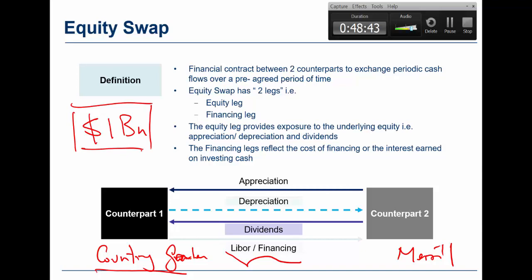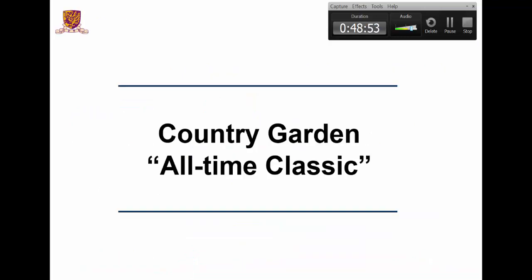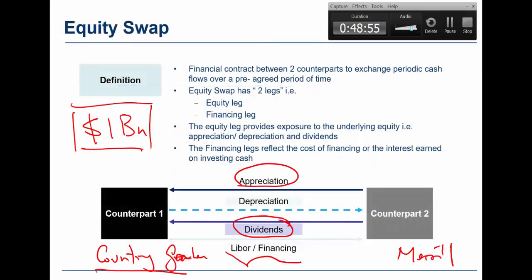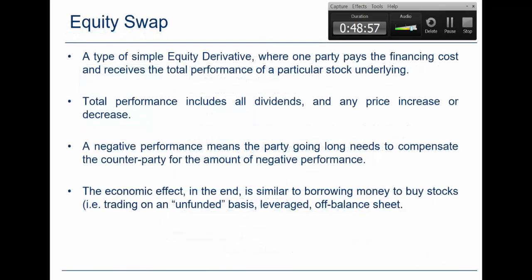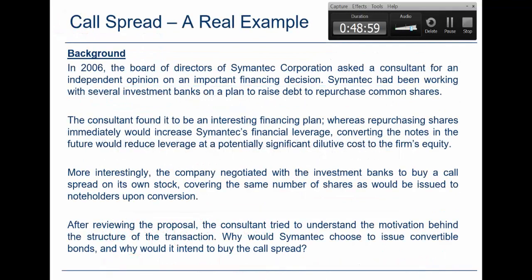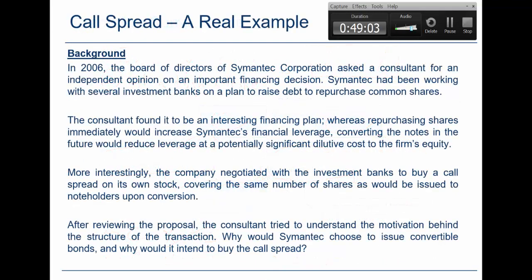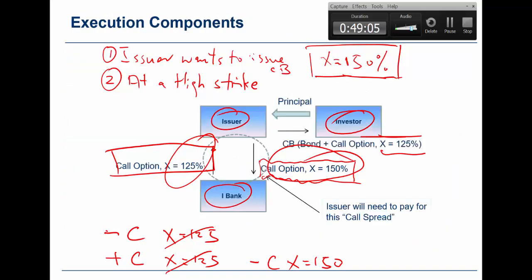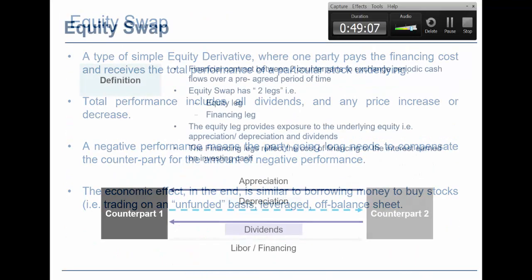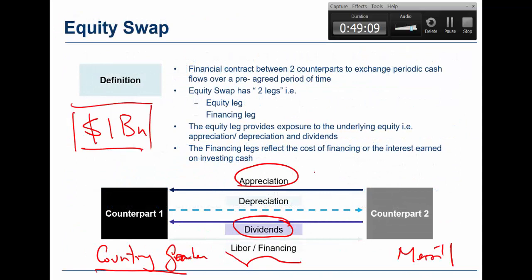And what they will get, number one, they get the dividends and they get the appreciation. So if on $1 billion there was a 10% return, that means Country Garden will receive 100 million from Merrill Lynch.